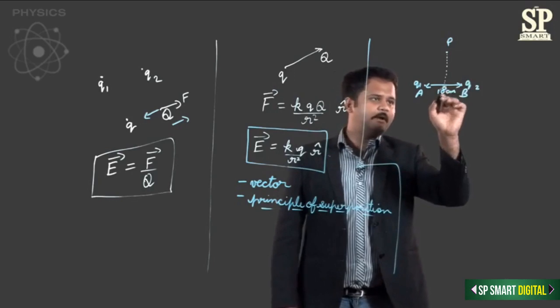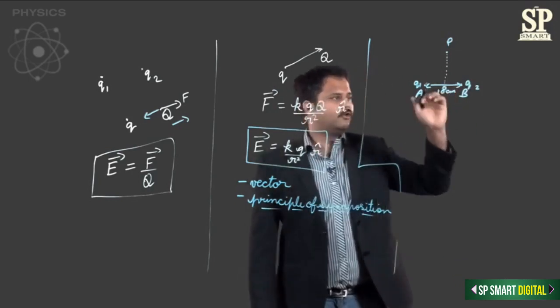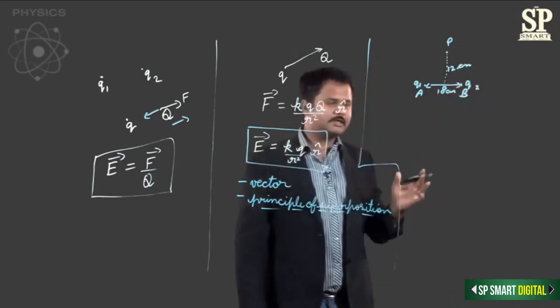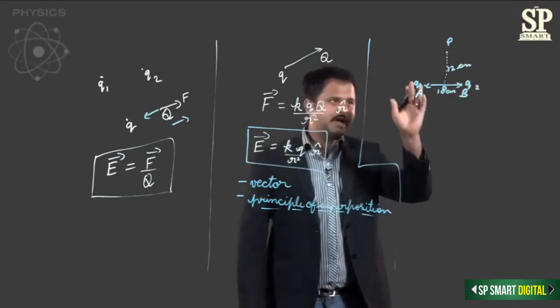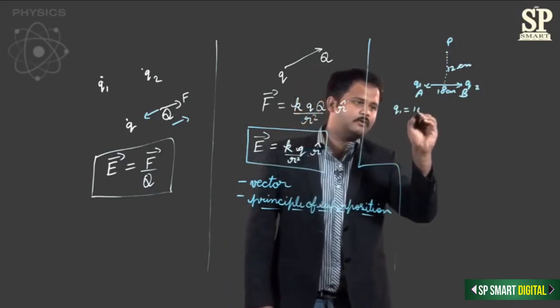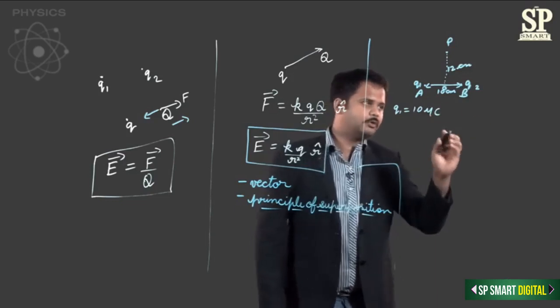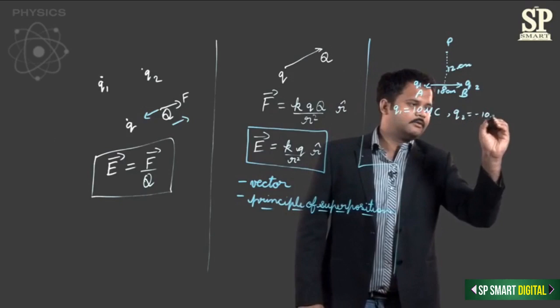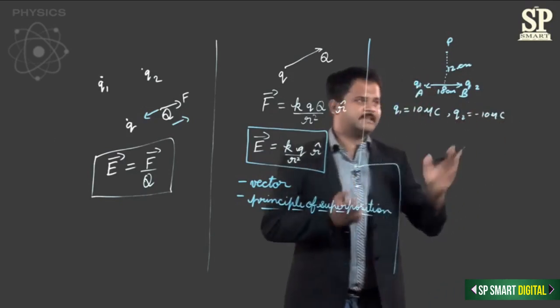I'll call the middle of AB as O, then OP has a length of 12 centimeters. All this is given to us, and in fact even the charges q1 and q2 are given. q1 is plus 10 microcoulombs and q2 is minus 10 microcoulombs. I think this specifies the entire situation.